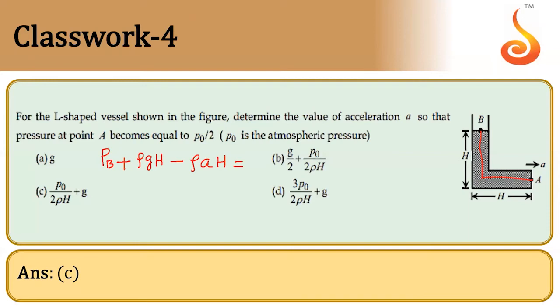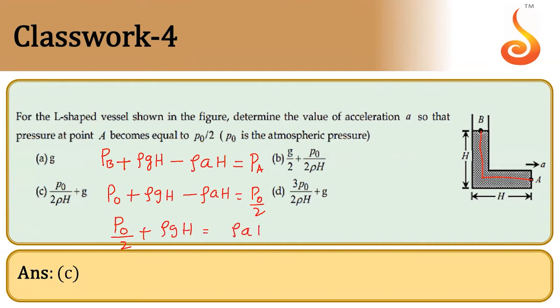Equal to pressure at the point A. Now pressure at point B is P naught, because it is open to atmosphere, plus rho GH minus rho AH is equal to the pressure at point A, which should be P naught by 2 according to the question. So now you send minus rho AH to that side and P naught by 2 this side. It becomes P naught by 2 plus rho GH is equal to rho AH.